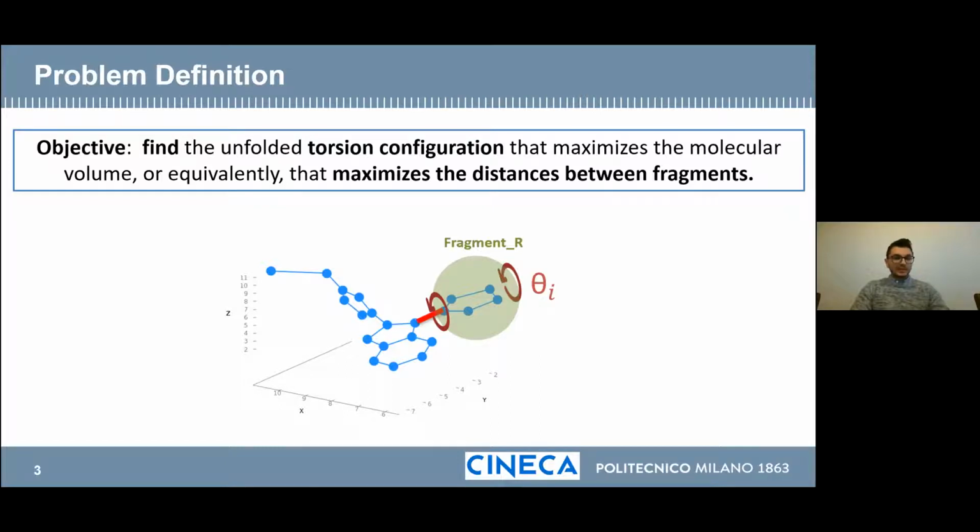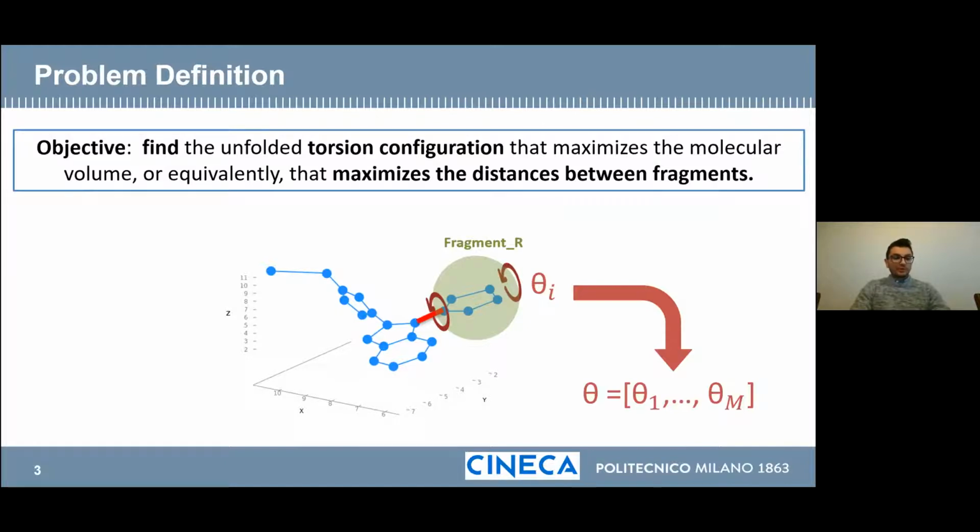We can assign to each fragment a certain angle, and each of these angles will be our variables in the model of the molecule.